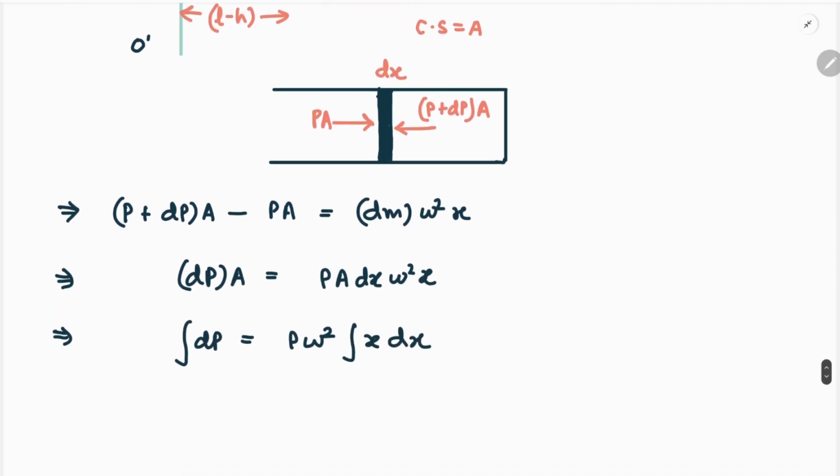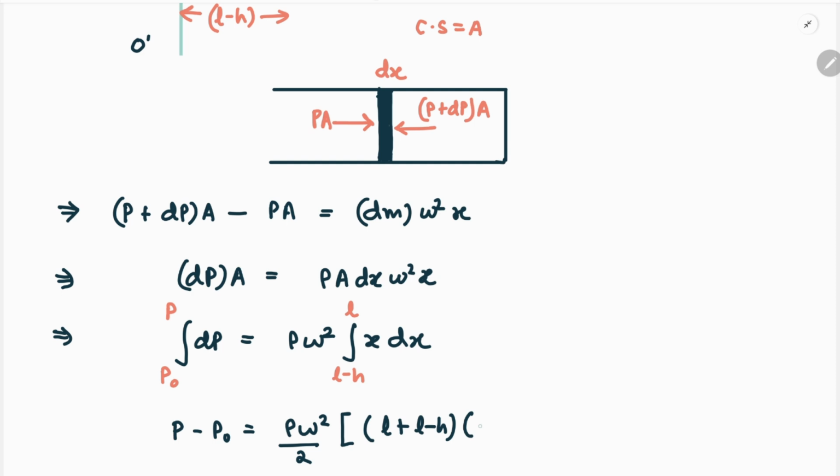So the limits of integration range from L minus h to L, and the pressure variation is from P0 to P. On solving, we obtain P minus P0 equal to rho omega square by 2 times L square minus L minus h whole square. We use the expression a plus b times a minus b to resolve it to a simpler term.